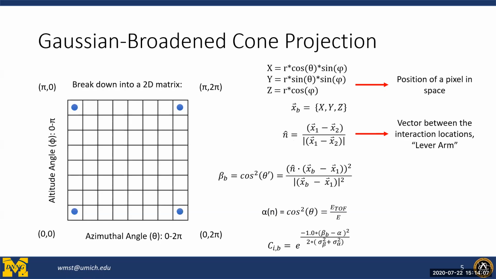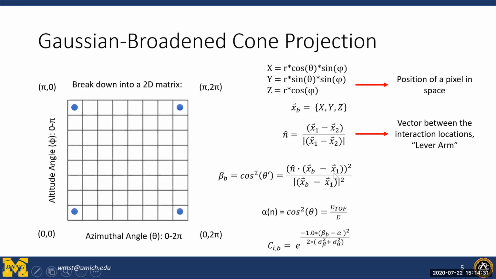We then look at the angle between every given position in our sphere. So this is the x sub b, which is the x, y, and z for each one of these positions in the sphere, minus our first interaction position. You can see that as the vector going out from where the initial interaction happened to any given point on this pixelated sphere.